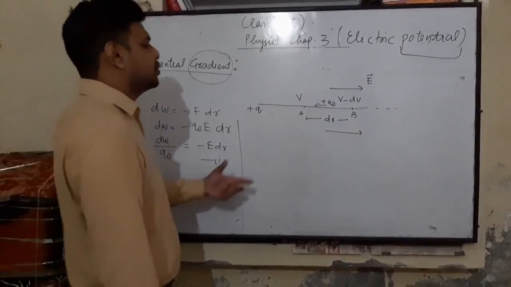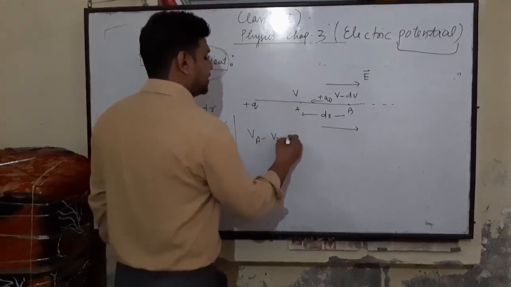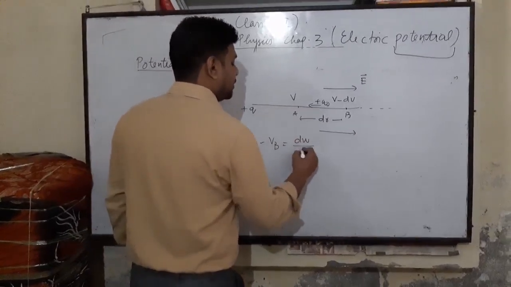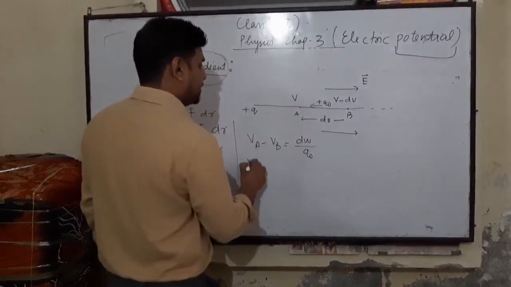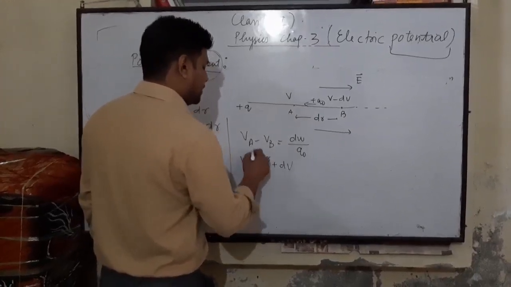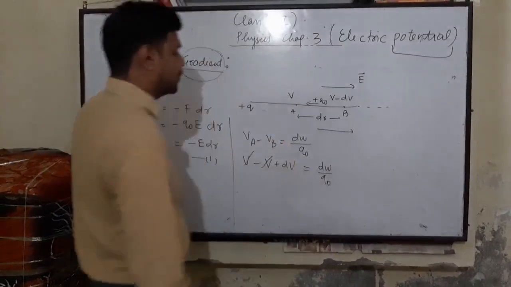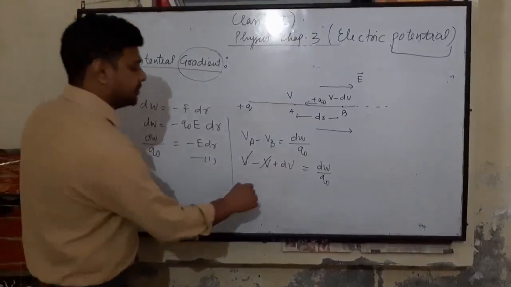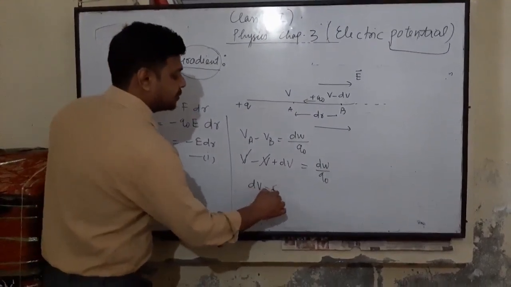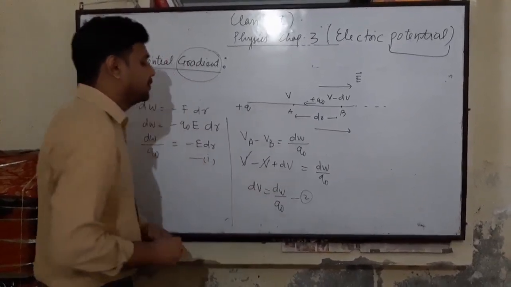By the definition of potential difference, VA minus VB is equal to dW over Q naught. VA is V, minus V plus dV, cancel V to V. This gives dV is equal to dW over Q naught. This is equation number 2.